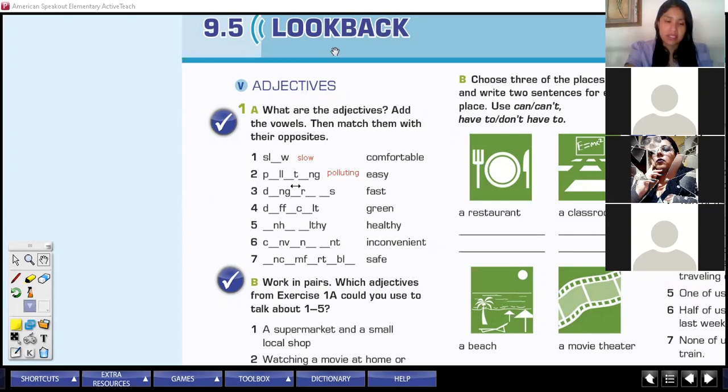Dangerous. Dangerous, very good. What about number 4? Difficult. Difficult. Good. Number 5? Healthy. The opposite? I say unhealthy. Okay, good, unhealthy. Number 6?